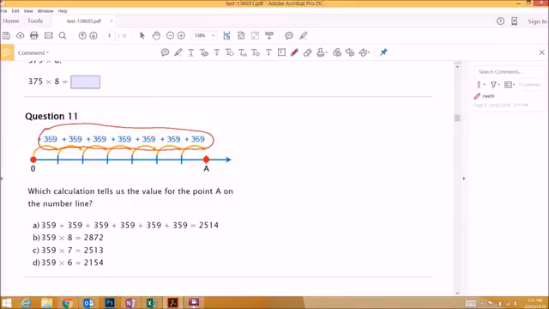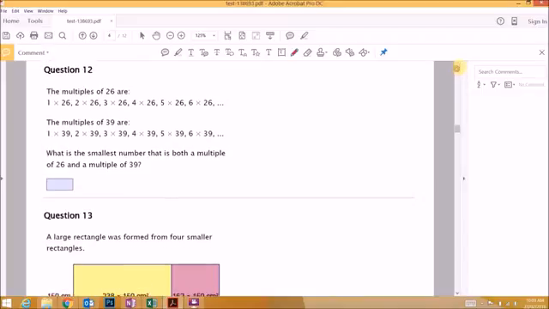So we're going to have to either add 1, 2, 3, 4, 5, 6. That's not going to be it. 359 times 8. Nope. 359 times 6. Nope. We need to see. You don't even need to work that one out. You can just look at which answer it's going to be there.